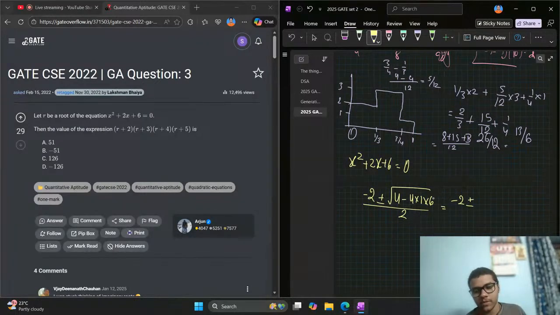4 minus 24, root 20 i by 2. Do you need all of this? Let's simplify it a bit further.